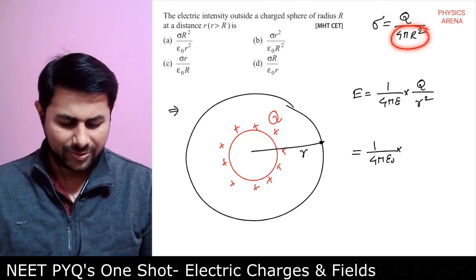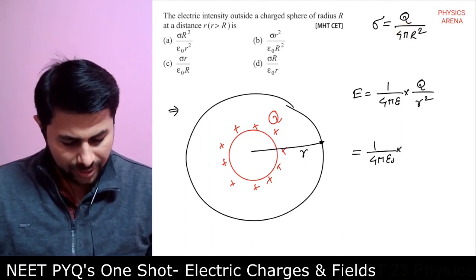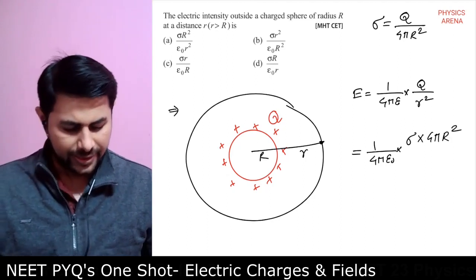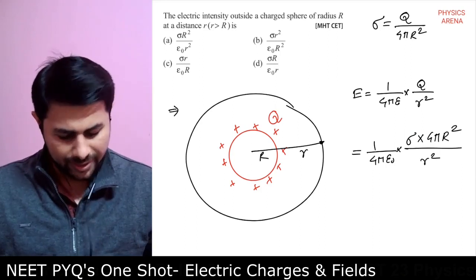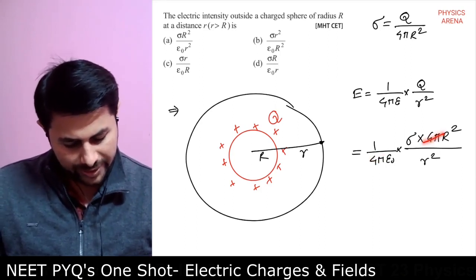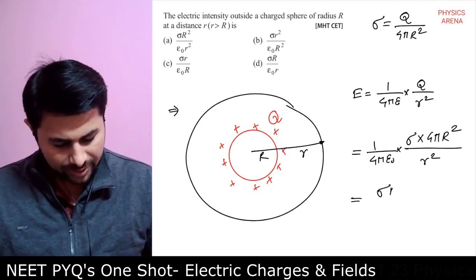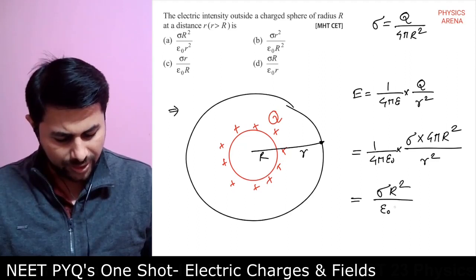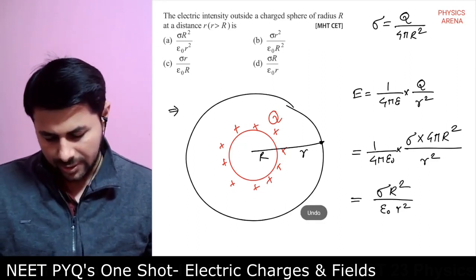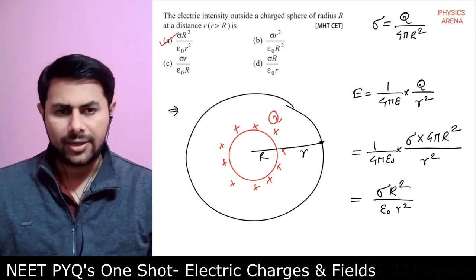Take 4 pi R square to the other side, so Q is equal to sigma multiplied by 4 pi R square, where capital R is the radius of the sphere, divided by small r square. So 4 pi gets cancelled out. It is sigma R square divided by epsilon naught r square. Option A, right?